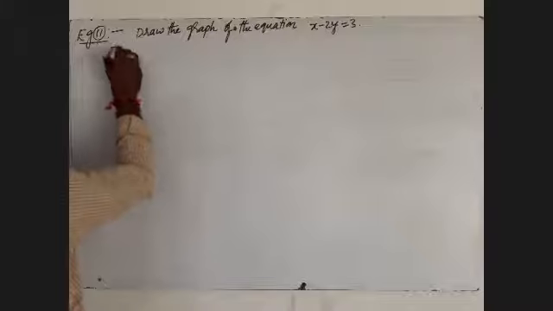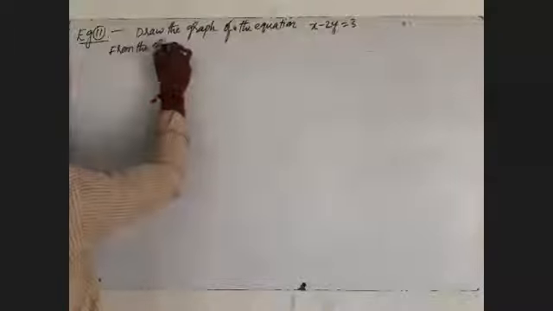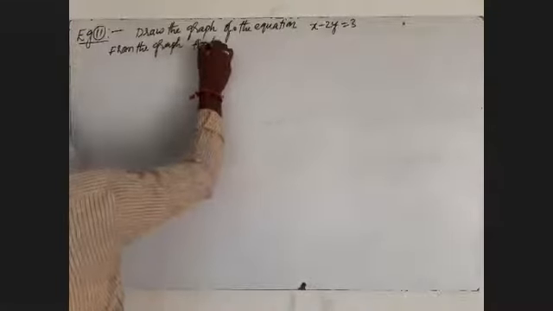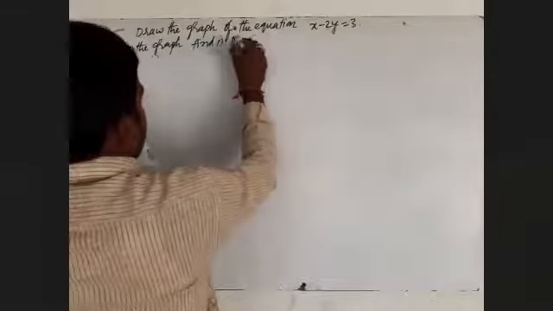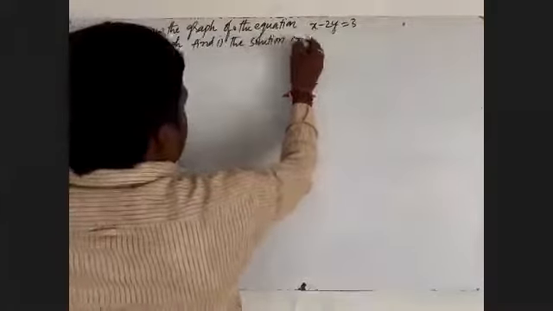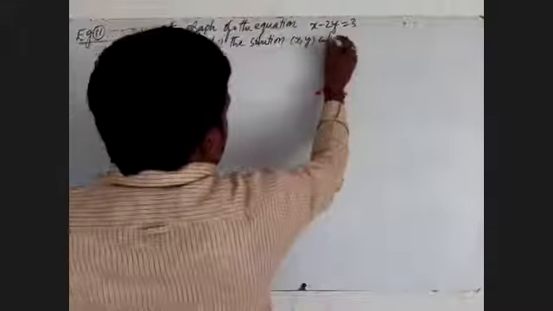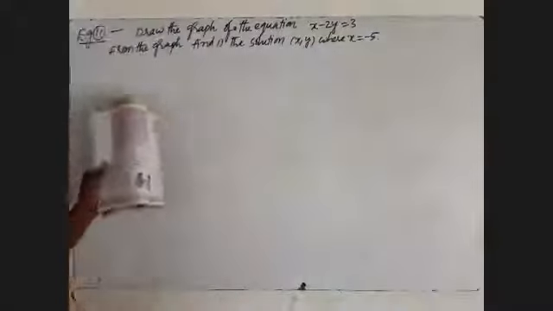From the graph, find the solutions. The first problem is the solution (x, y) where x is equal to minus 5.